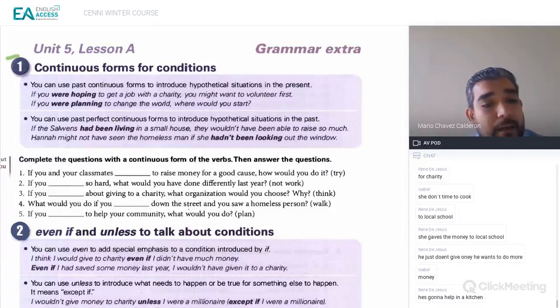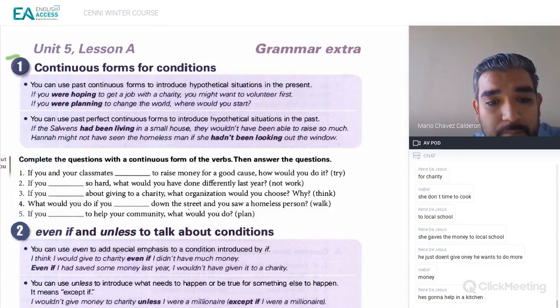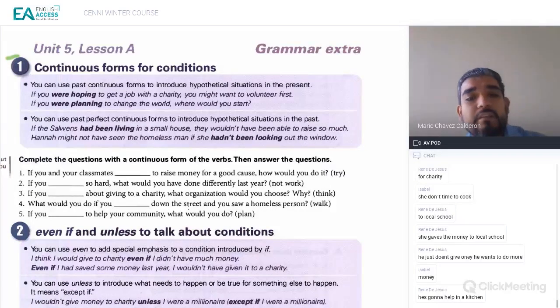You can use past perfect continuous forms to introduce hypothetical situations in the past. If Solons had been living in a small house, they wouldn't have been able to raise so much. Hannah might not have seen the homeless man if she hadn't been looking out the window. Complete the questions with continuous form of the verbs, then answer the questions.